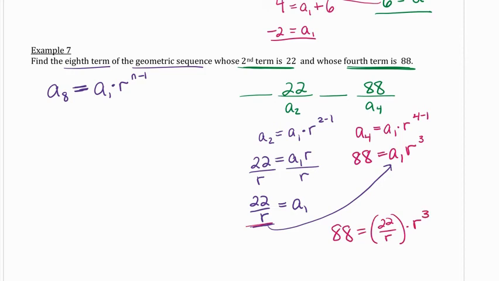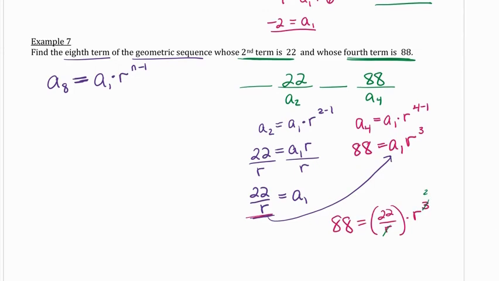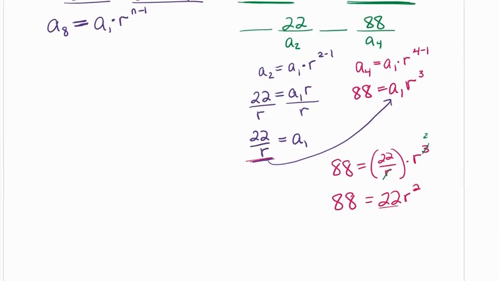Then when we plug it in that way, this nice little thing happens where that r crosses out, and this would just become r squared if we simplify that, right? So now I've got 88 equals 22r squared. So I'm going to divide both sides by 22.